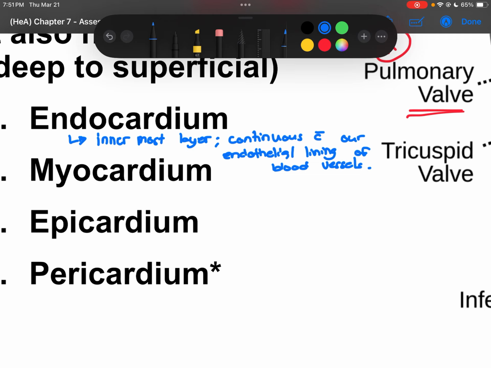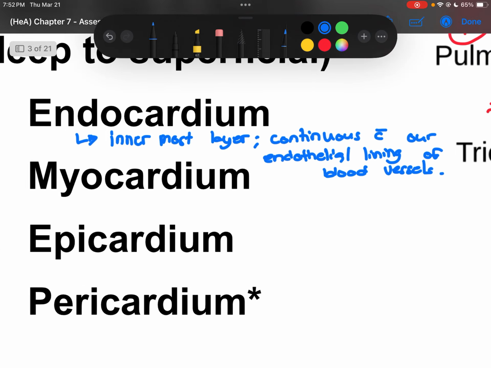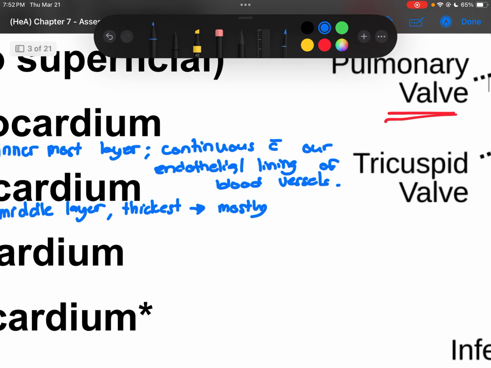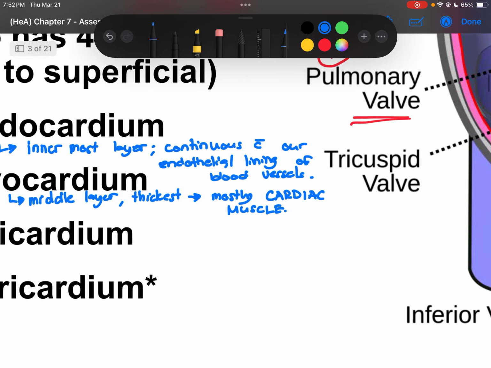Now, next is our myocardium. The myocardium is the middle layer. And it is also the thickest layer. The reason why it is the thickest layer is because it is mostly, put a big star, cardiac muscle.